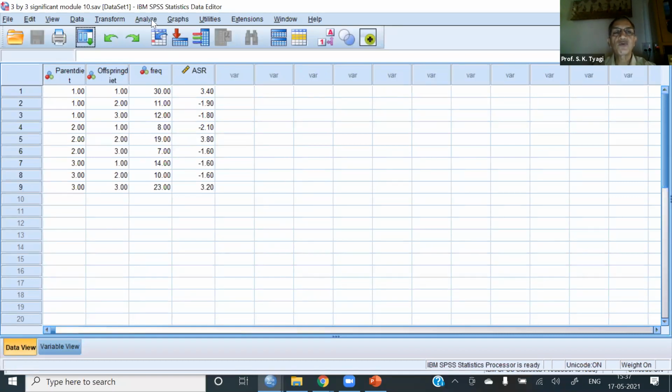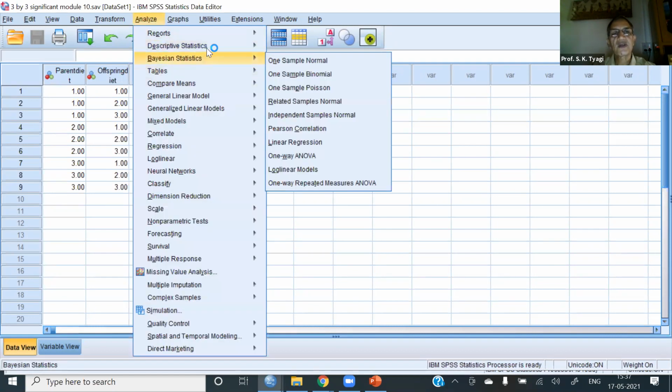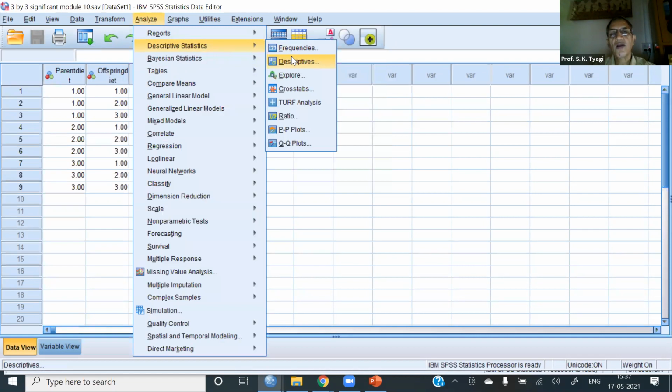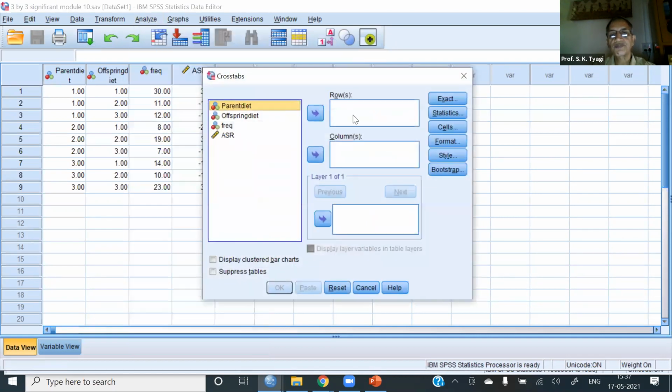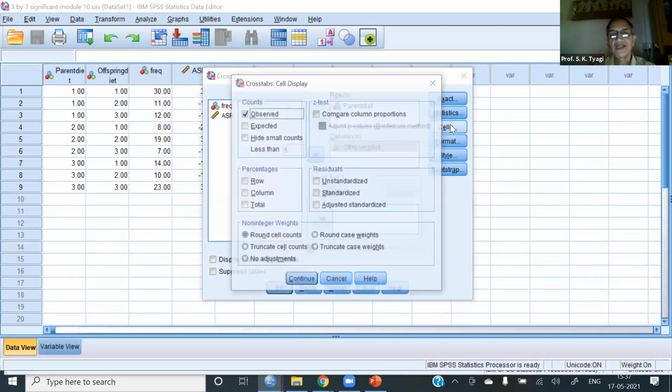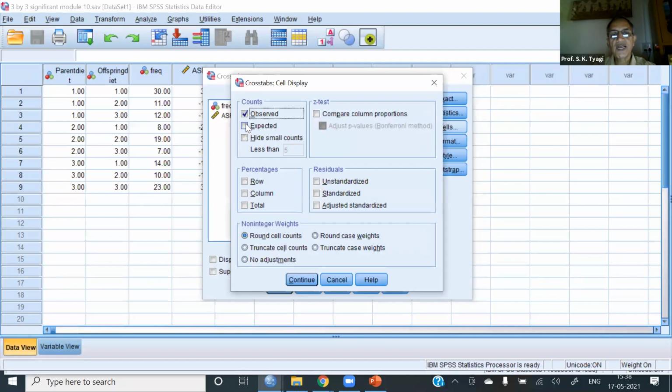So I am showing you how to calculate this ASR in SPSS: Analyze, Descriptive Statistics, Crosstabs. It is there in chi-square. Parents, offspring, sorry, and cell. If you want expected frequency, it will give you expected frequency, but we do not need it. Okay, let us have expected also.